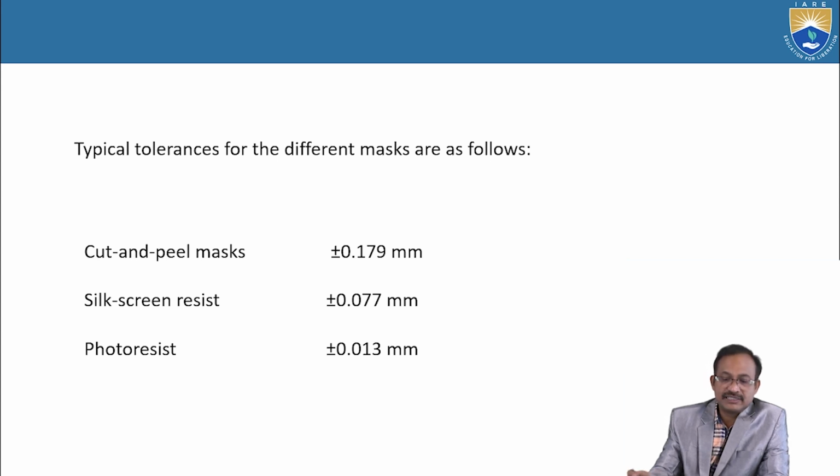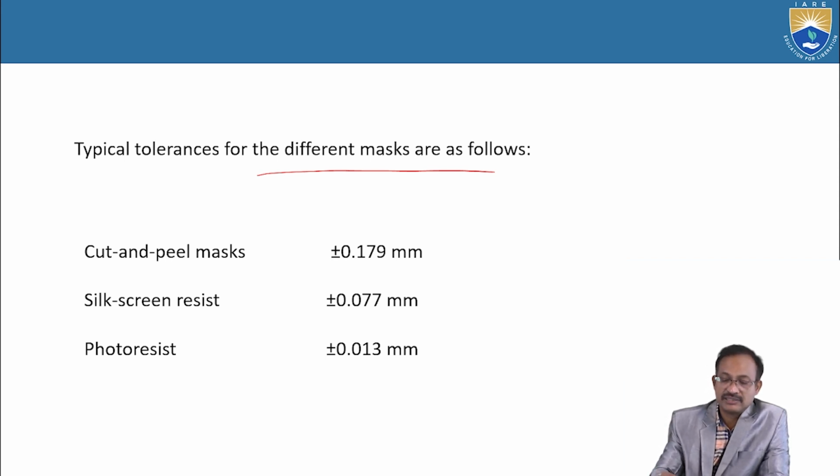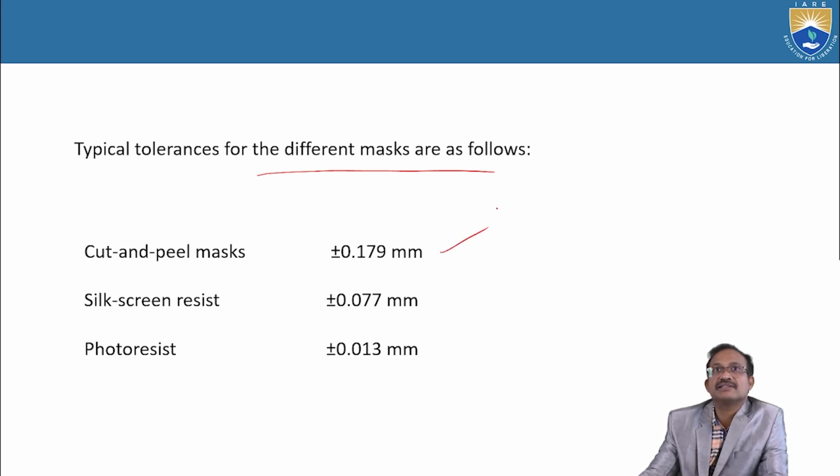Typical tolerances for the different masks are as follows. For cut and peel masks, the tolerance is plus or minus 0.179 millimeters. For silk screen resist, plus or minus 0.077 millimeters.